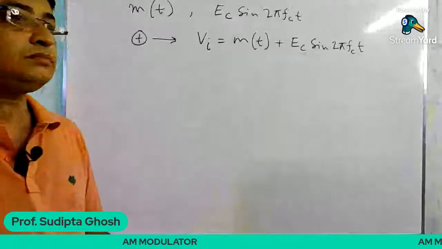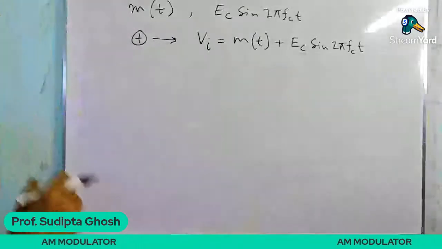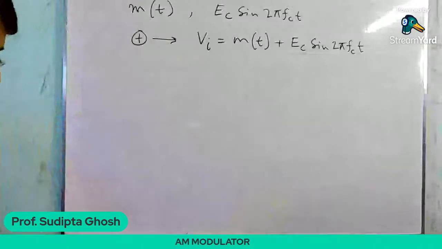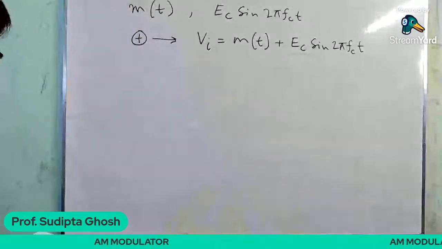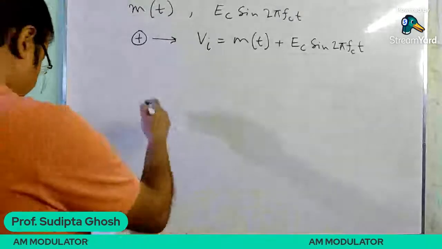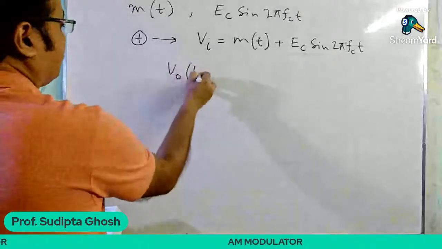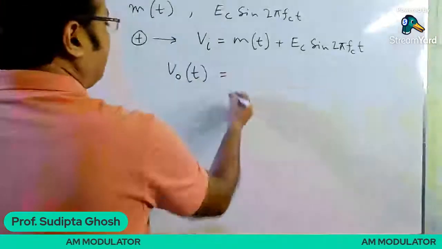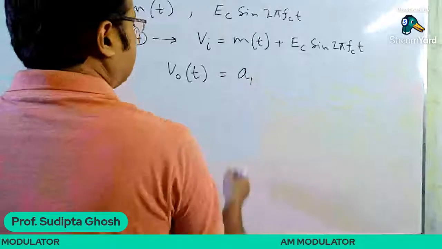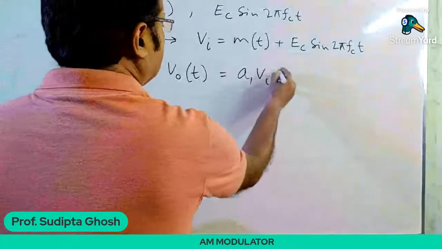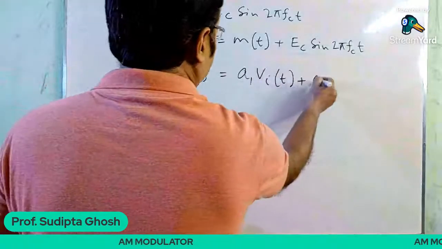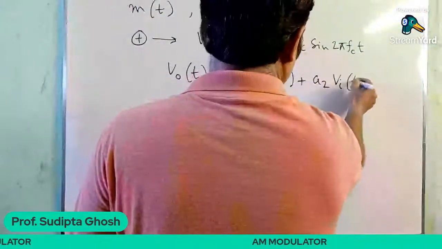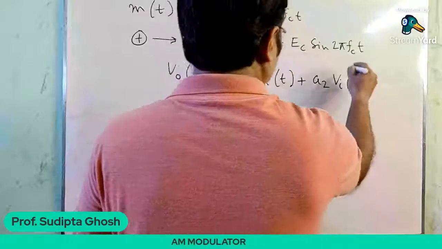So the output voltage of the nonlinear device is v0(t), and it will be given as some constant a1 times vi(t) plus another constant a2 times vi square (t).